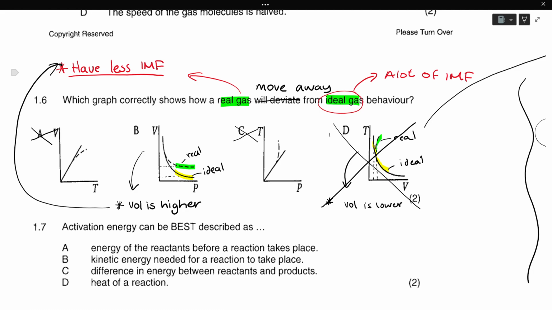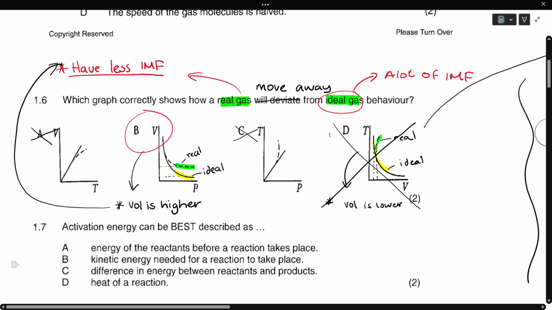If your volume is higher, in other words, you have a much bigger container, is the bond between the molecules going to be greater, or is it going to be weaker? If you think about that, it is going to be much weaker, because if you have a very large container, all your molecules are going to move very far apart, and they're not going to want to stick to each other. So they are indeed going to have less intermolecular forces, which means your real gas is going to deviate from your ideal gas. And this is why our answer is going to be B.